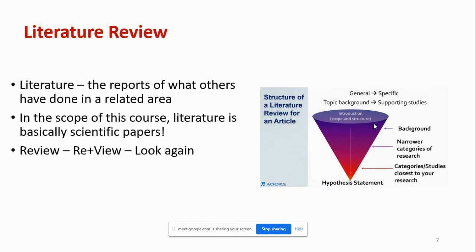Now, how do you do research? The first step is to have a background, to know what the current level of knowledge about that particular topic is. This is called the literature review. A literature review is basically a report on what other people have done and published.